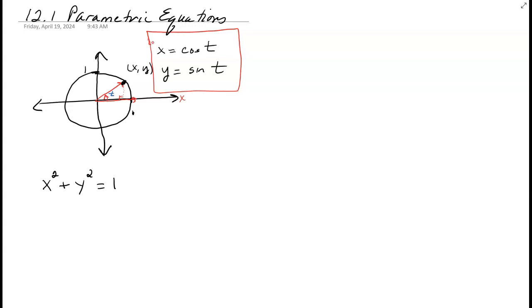Now, each of those represents a graph on its own. Let's start with the first one, x equals cosine t. That is our standard cosine graph. But when I make this cosine graph, let's get away from our x and y axis as we know it.